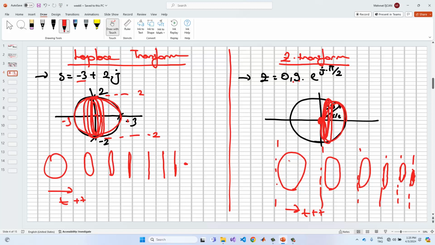But all the oscillation parts are constant in here, pi divided by 2 and minus pi over 2, okay? And so in this case we have the constant value 2 and -2, okay? This is the basic difference between the Z transform and the Laplace transform, okay? Any question?